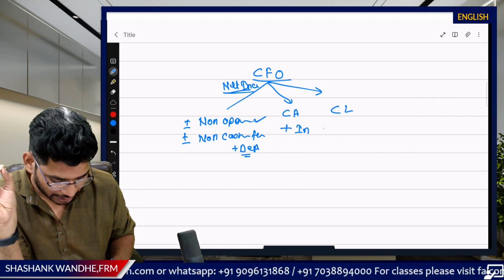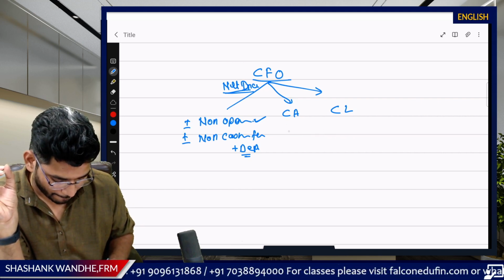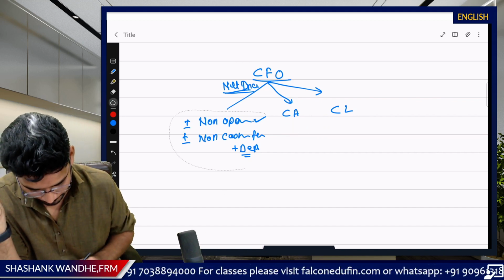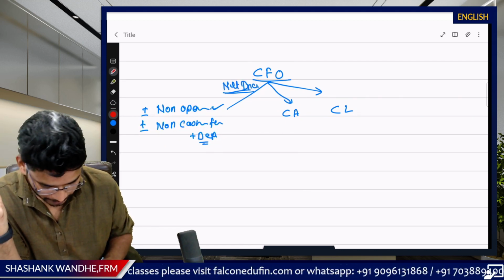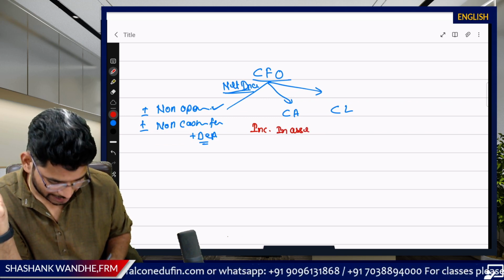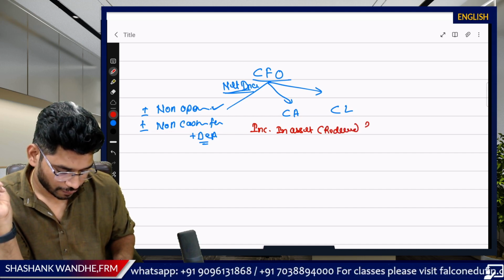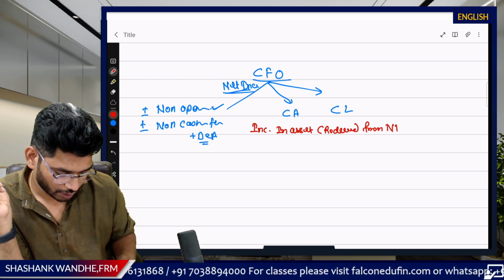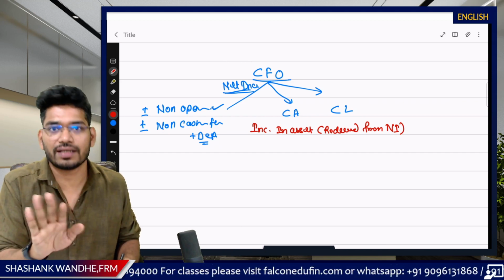Increase in asset is reduced from net income. Remember, I'm saying asset, but these are current assets.